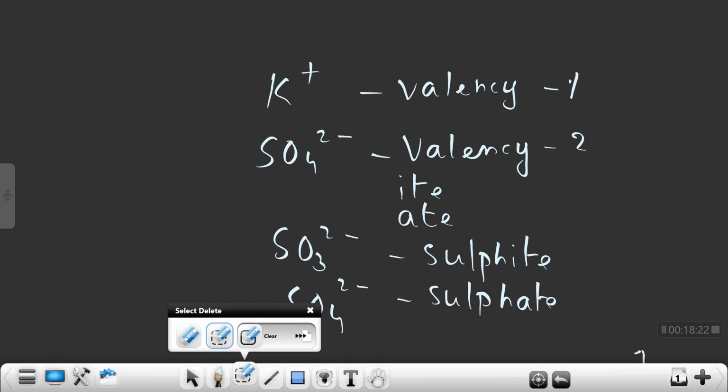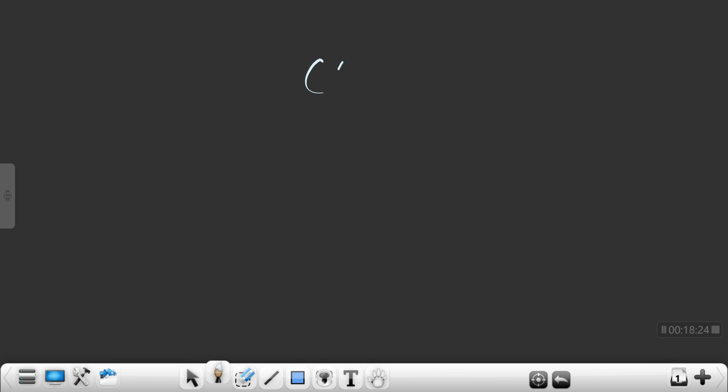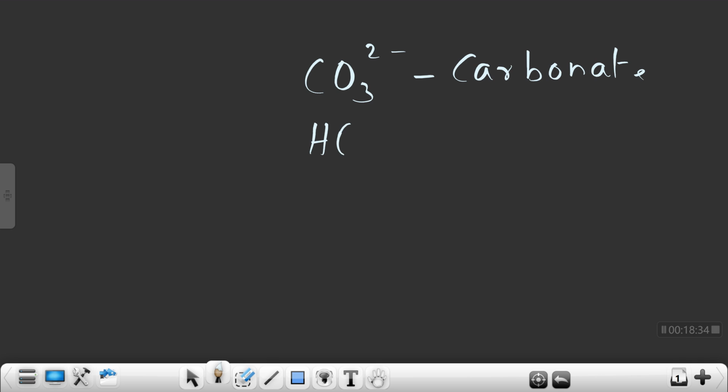And another example, carbonate. It is also a compound radical. Its valency is 2. HCO3- is called bicarbonate.